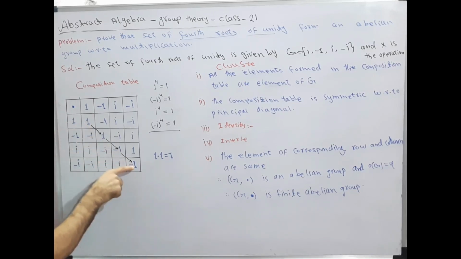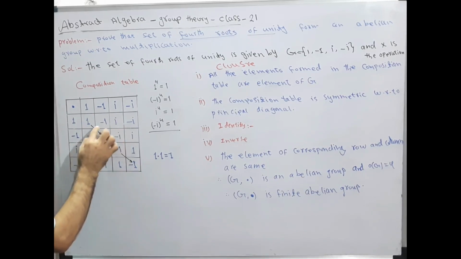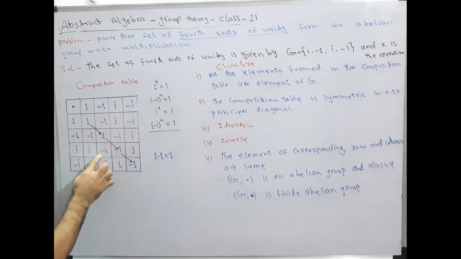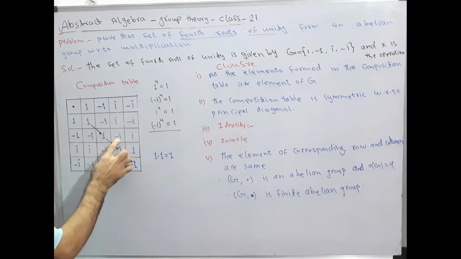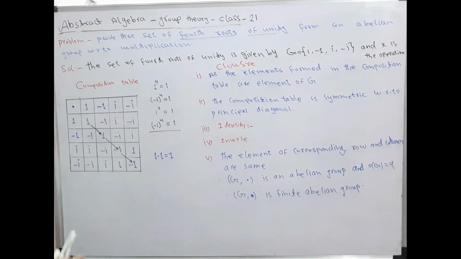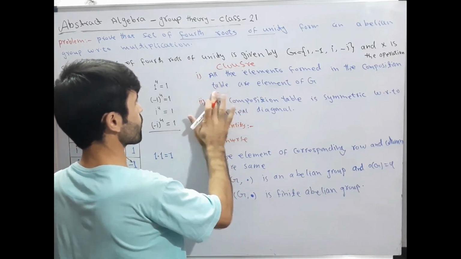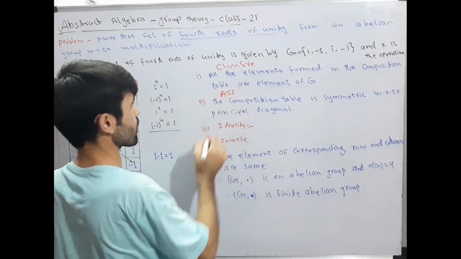According to this principal diagonal, every two elements are symmetric: -1 and -1, i and -i, -i and i, 1 and 1. Therefore, it is symmetric. It means the associative axiom holds. The second axiom is the associative axiom.